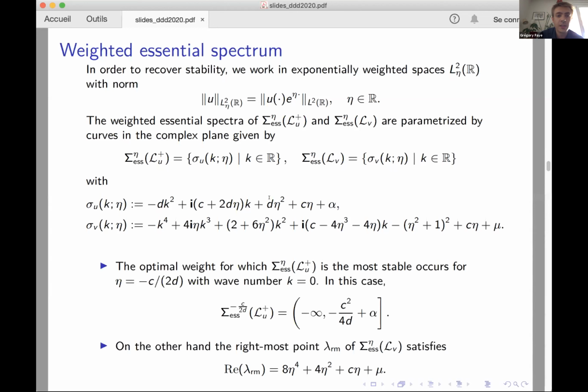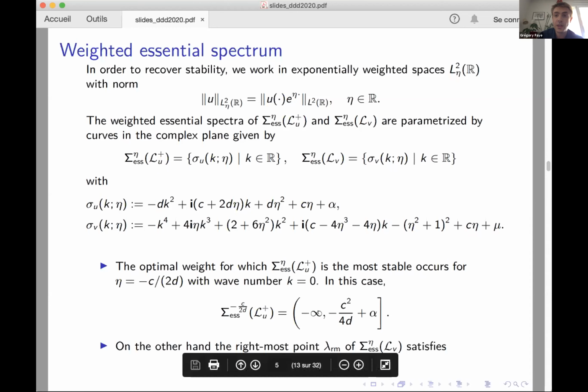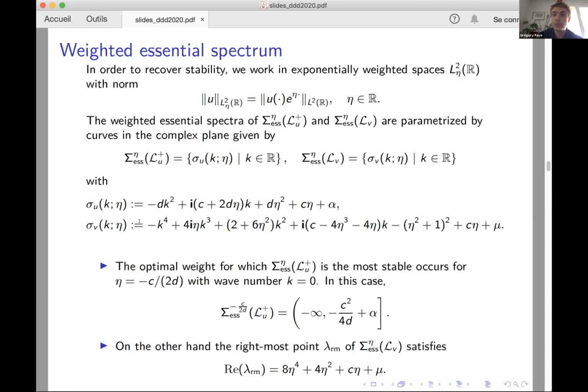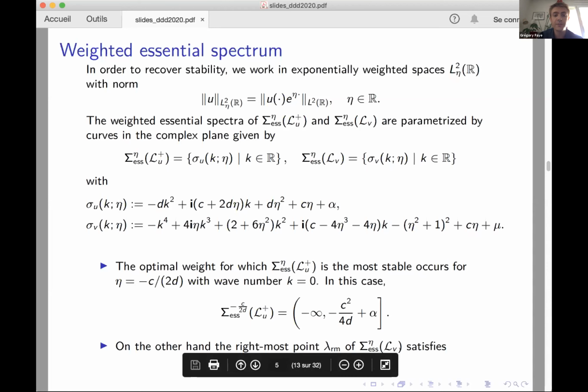This comes from looking at this quadratic polynomial. When we pick this specific optimal weight, the essential spectrum is on the real axis and extends to this value. On the other hand, we can compute the rightmost point of the essential spectrum for the V component of the Swift-Hohenberg equation. If we take its real part, it is given by this value.